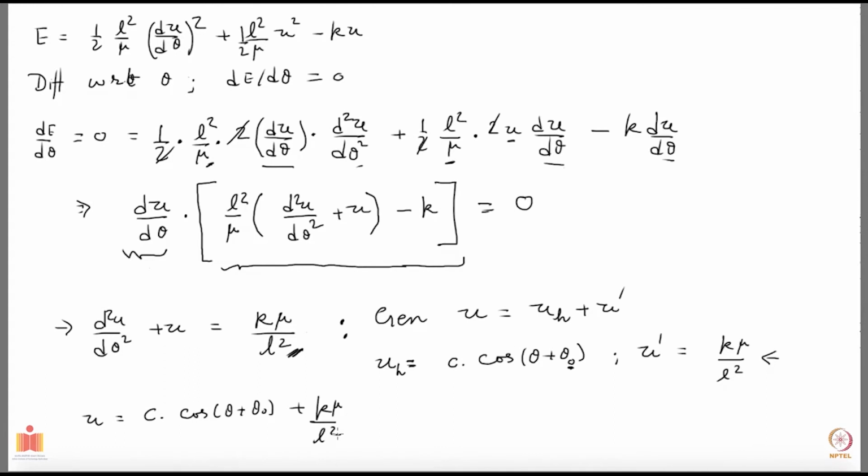So should we expect c to be an arbitrary constant, or will it get determined by the energy and angular momentum in the problem? So I will encourage you to think about it and convince yourself that c cannot be arbitrary. Okay, that's one thing, but anyway, I'm going to explicitly determine it.